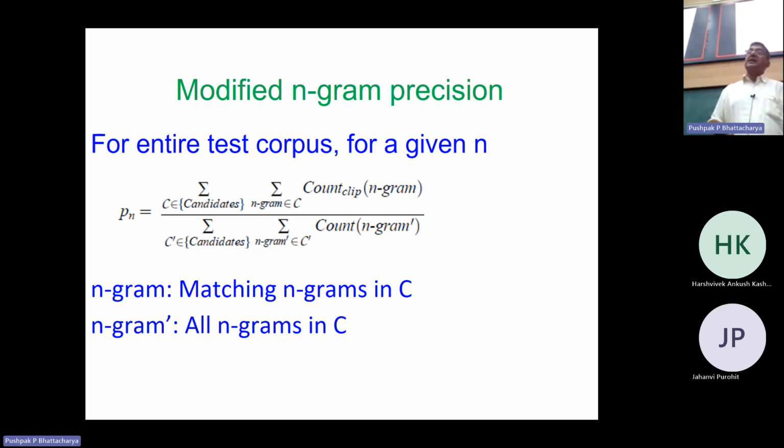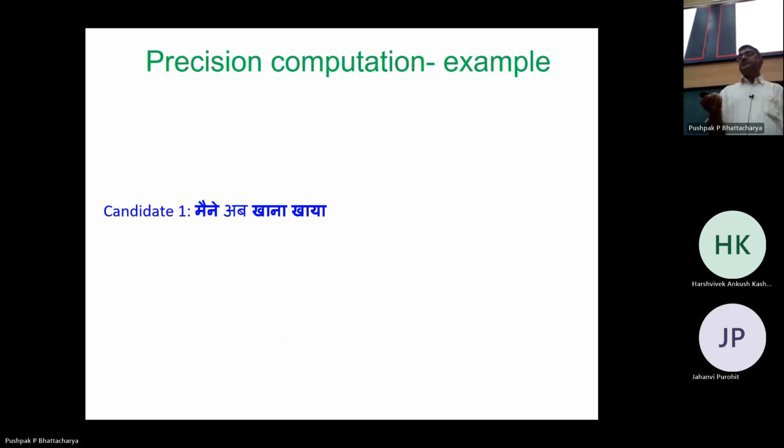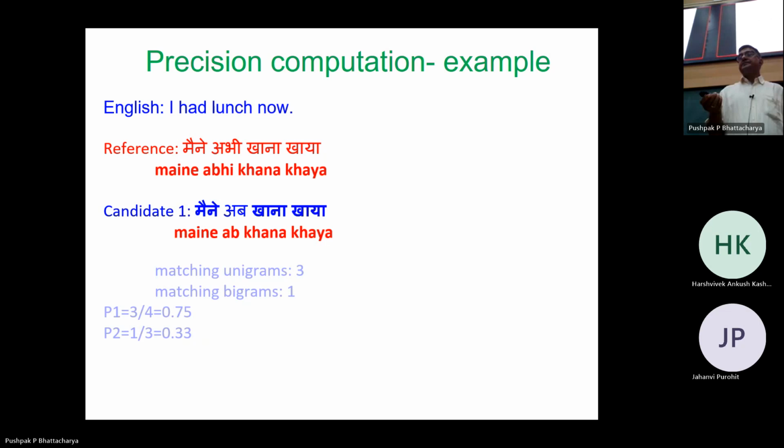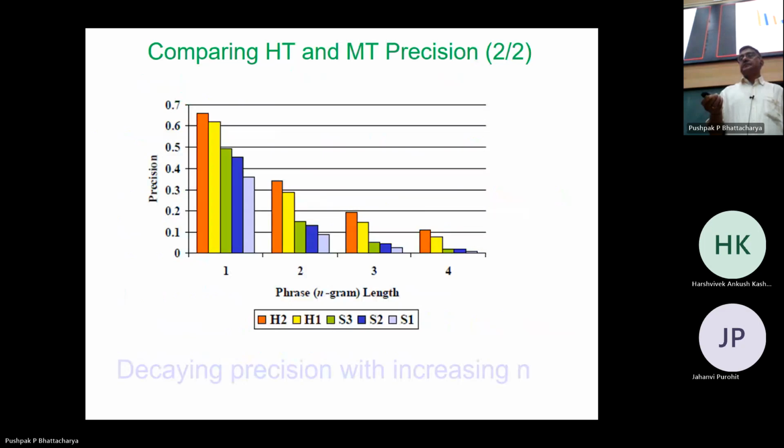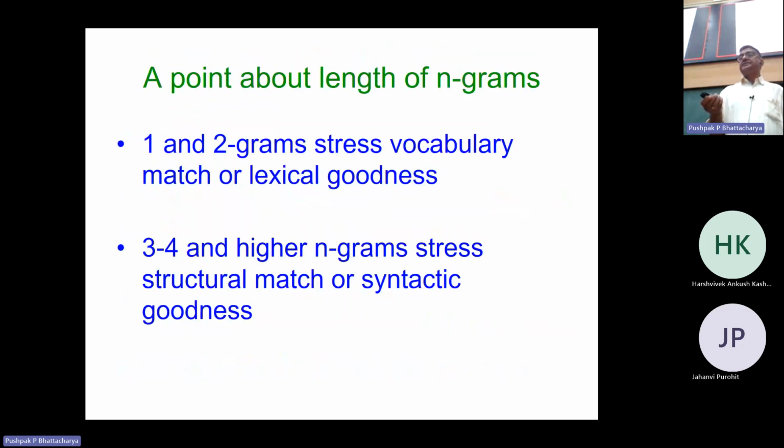So now the question comes, I have computed P1, P2, P3 up to P4, typically up to P4. How do I combine them? Okay, we combine. I'll come to correlation later.